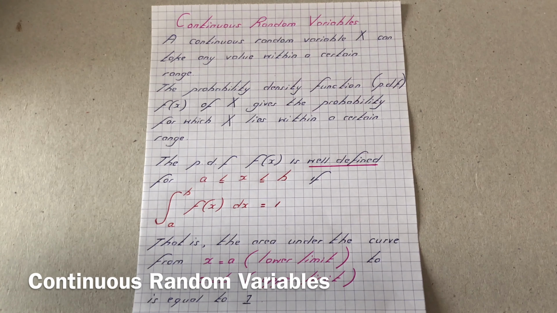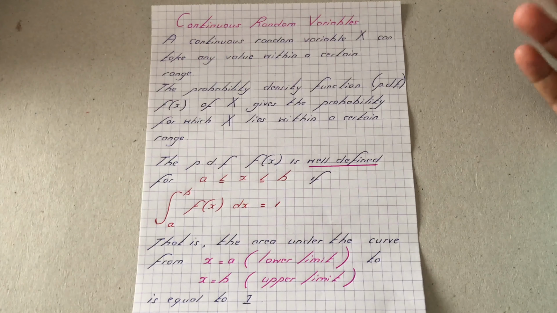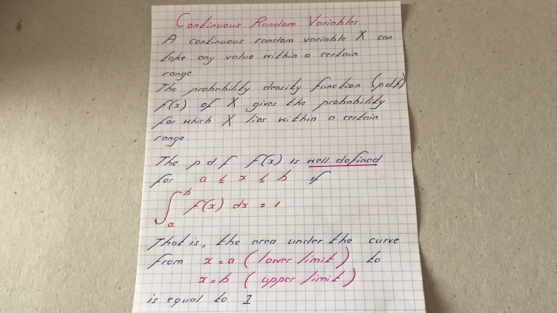Hi everyone, in this video we're going to look at continuous random variables. A continuous random variable differs from a discrete random variable in the sense that it takes on an uncountably infinite number of possible outcomes.